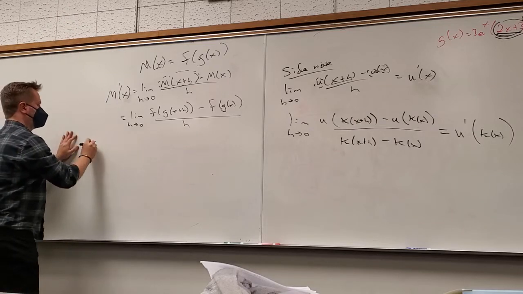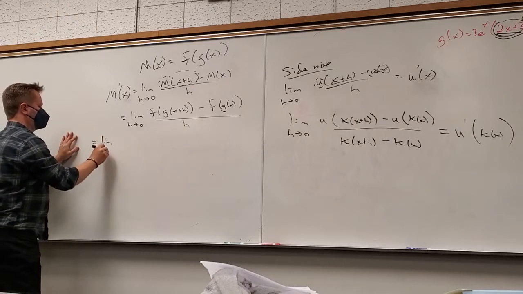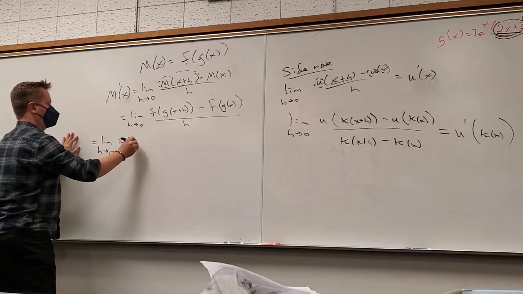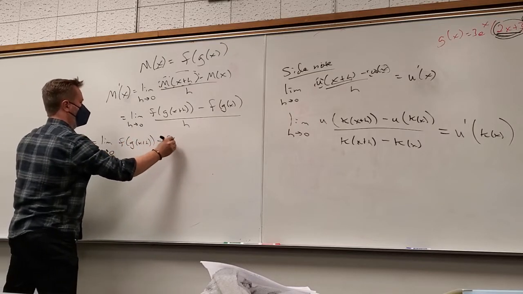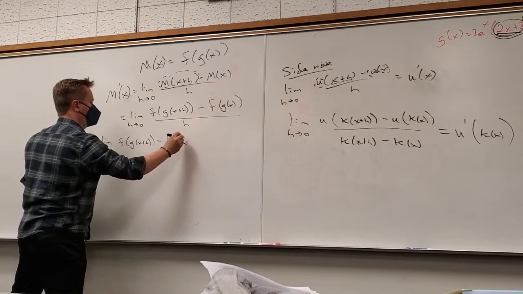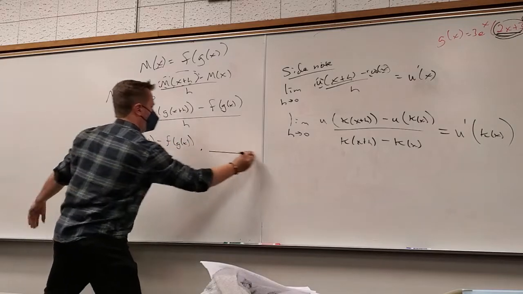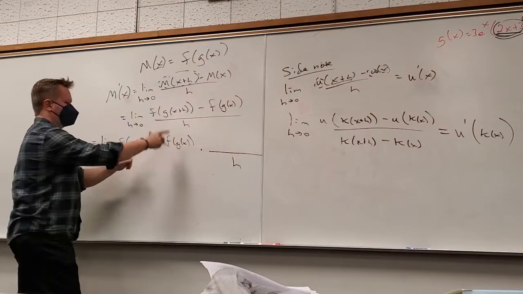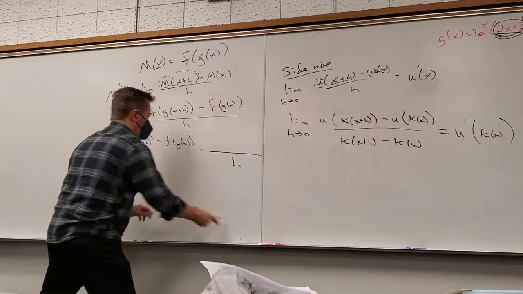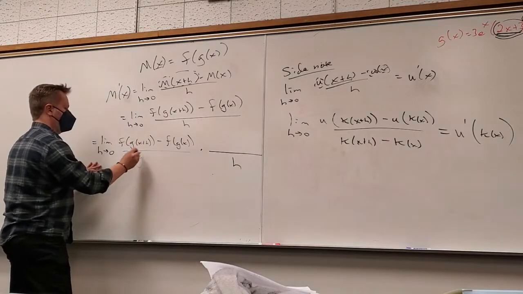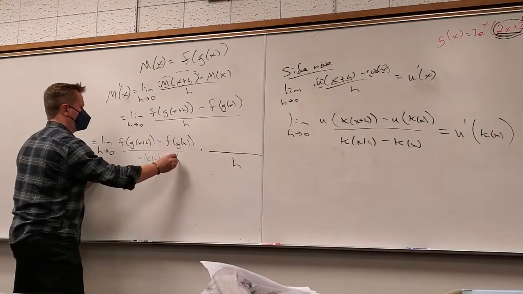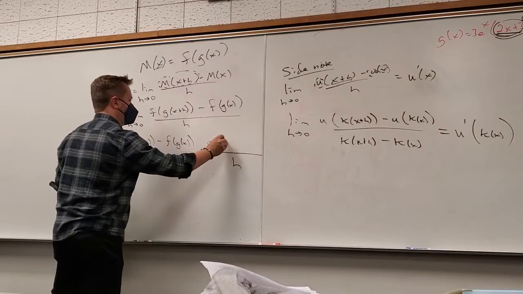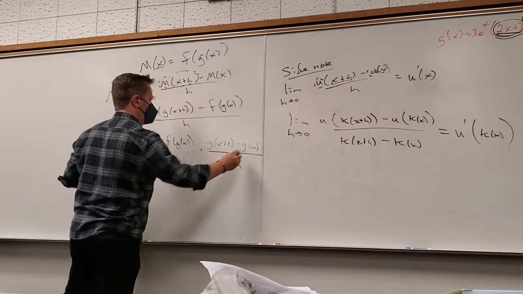So what I'm going to do is this. I'm going to move the h over. Here's this, and I'm going to divide this by g of x plus h minus g of x, and multiply by g of x plus h minus g of x.